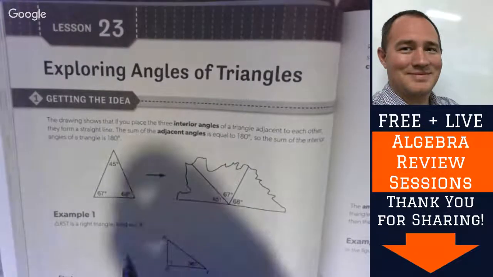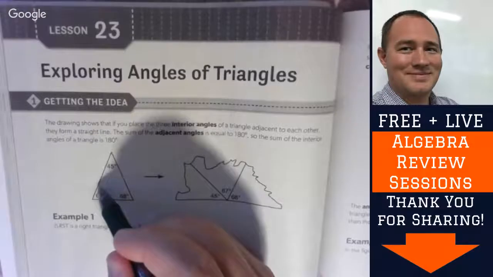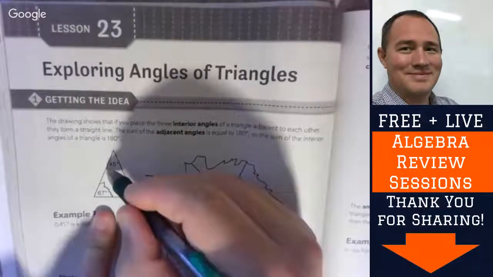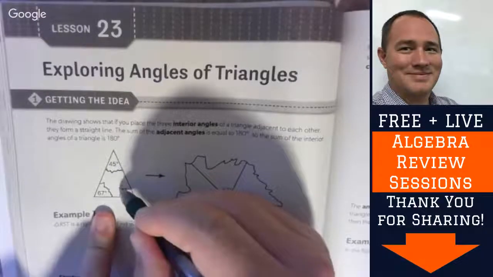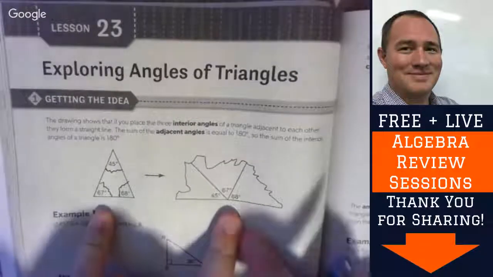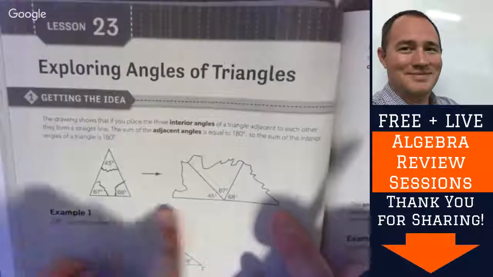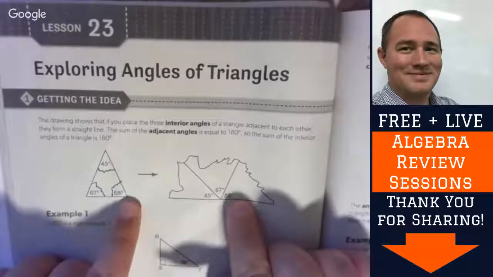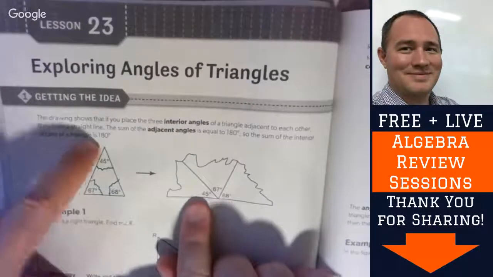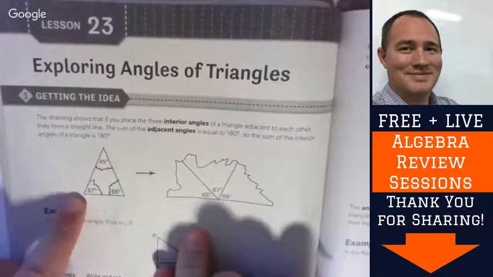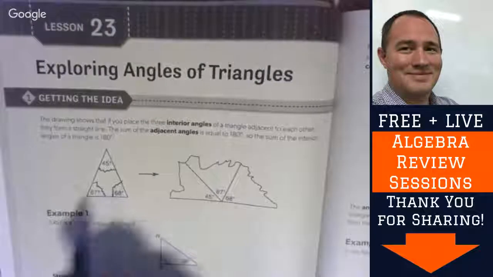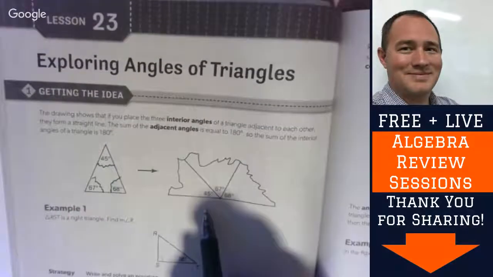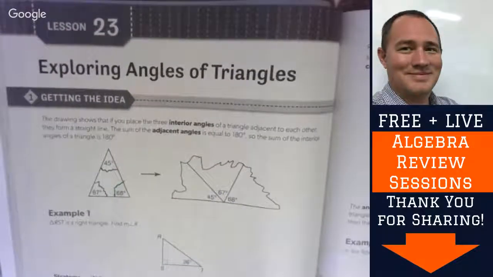What they did here is take this triangle, rip the corners off, and put all the points together, and you would have a straight line. As you can see, the 68 degrees, the 67 degrees, and the 45 degrees, those three interior angles of the triangle form the straight line, showing us that the angles of a triangle add up to 180 degrees.